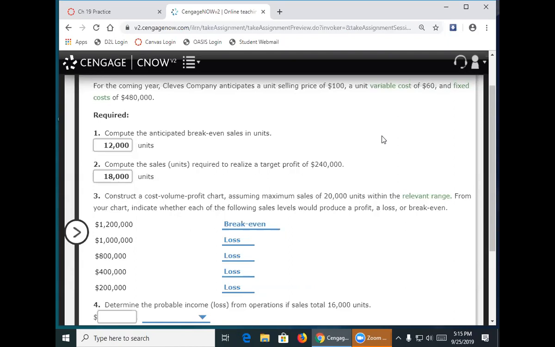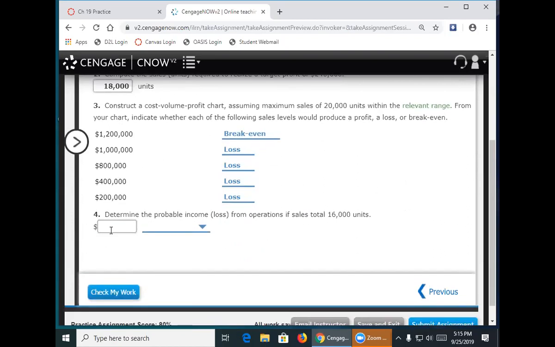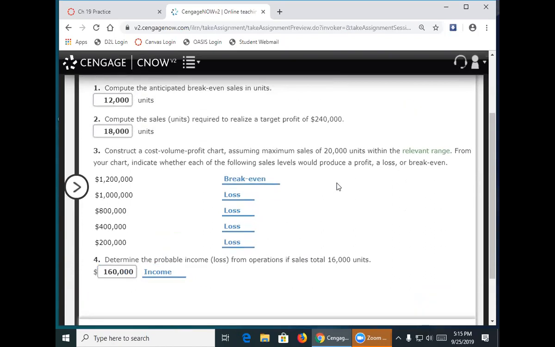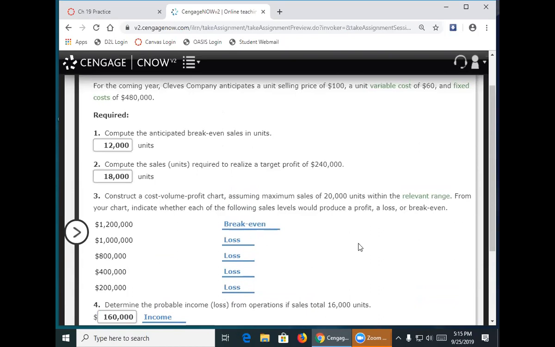So I take my sales minus my variable costs, $640,000, minus fixed cost of 480,000. So my income from operations, if I sold 16,000 units, would be 160,000. And that's given the costs that they gave us.